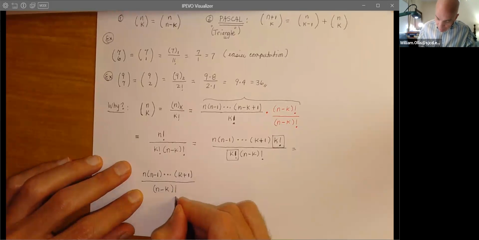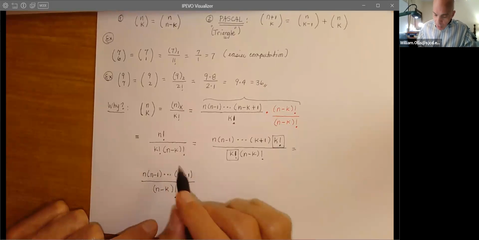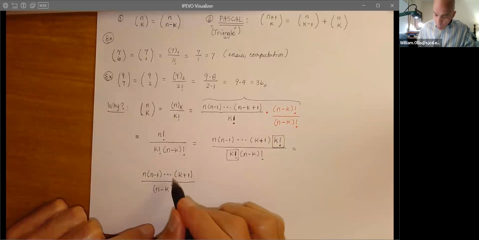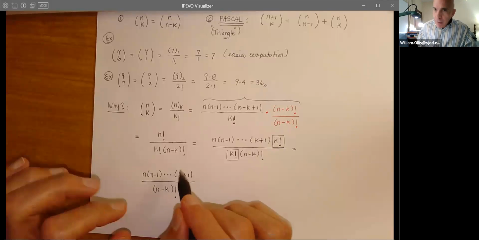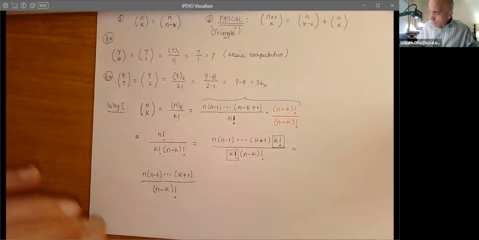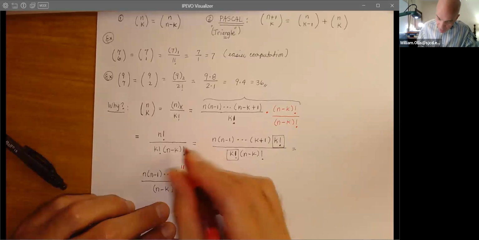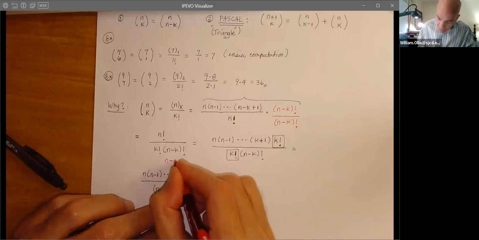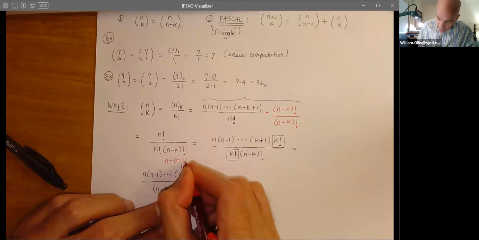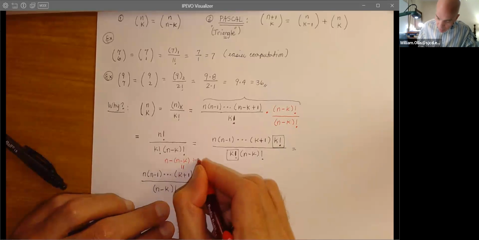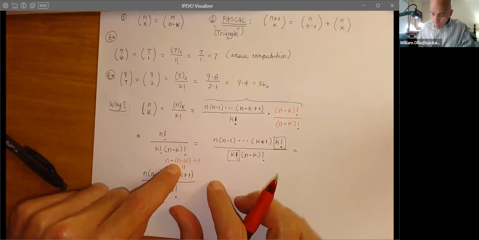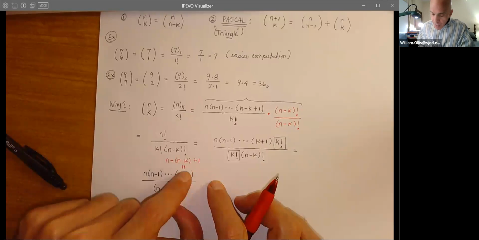Okay, now, when we look at this, we're thinking, okay, well, we need this to be n minus k plus 1, but that's exactly what it is. Notice, this is n minus k plus 1, because notice the n is absorbed and we get minus k, so this is k plus 1.